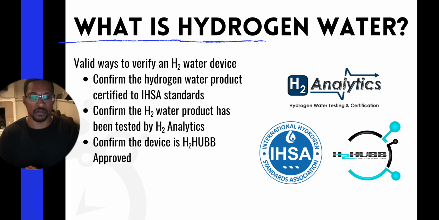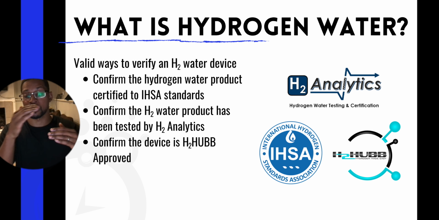First thing you want to do is confirm if the hydrogen water product is certified to IHSA standards, which is the International Hydrogen Standards Association. It is an association with a board of high-level, highly credible, renowned researchers in the hydrogen space that look at the scientific literature and form standards to help show which products will provide at least the minimum amount, 0.5 milligrams per liter, of hydrogen gas to induce a therapeutic effect in humans.